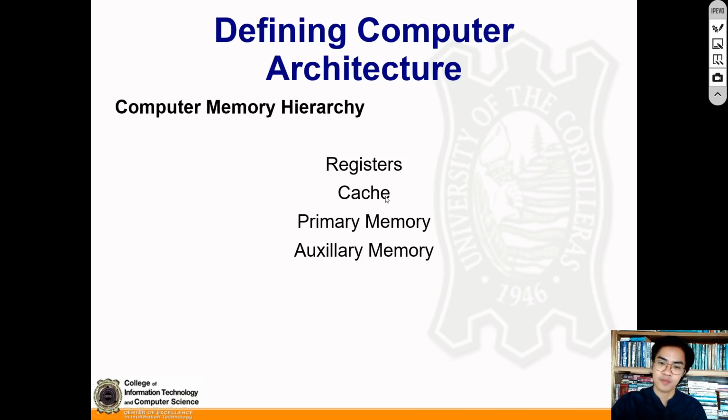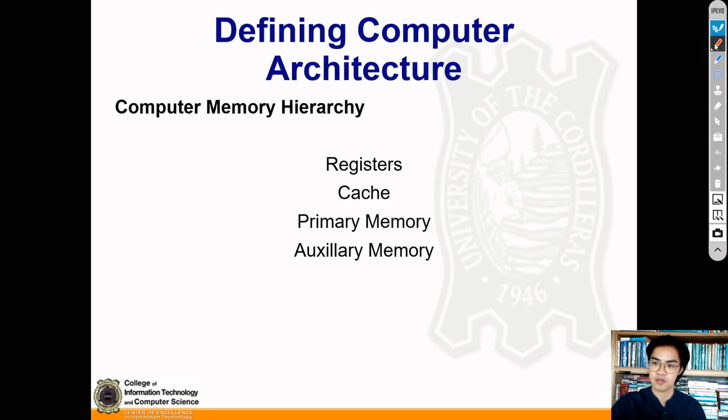Next is cache when it comes to instruction fetch speed, and then RAM, and then your permanent storage devices. So sizes increase going down, speed decreases going down, because the fastest speed is in the registers.